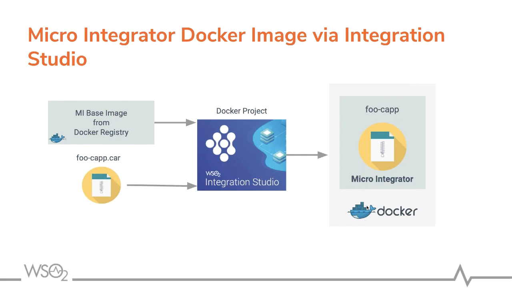If you're a person without a subscription, you can pull the latest micro integrator image from Docker Hub. And if you have a valid WSO2 subscription, you can have the latest updates with all the fixes from the private registry we host in WSO2.